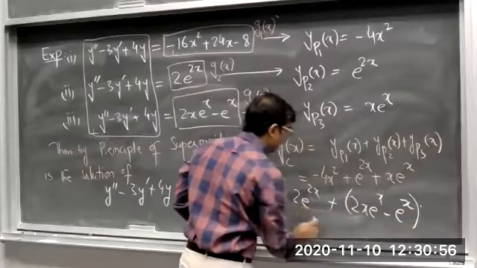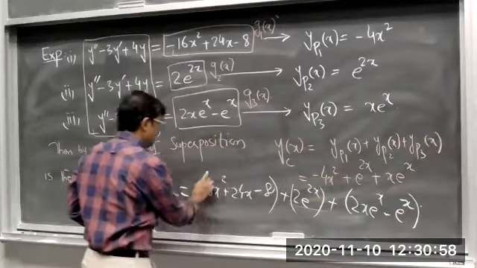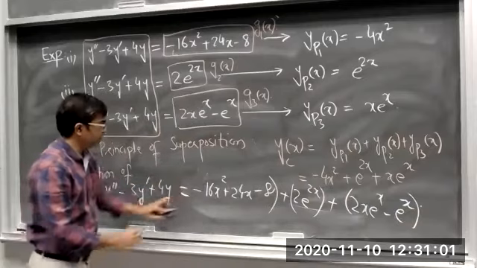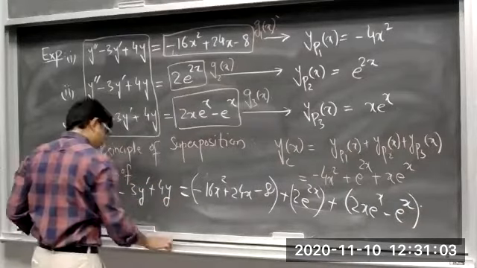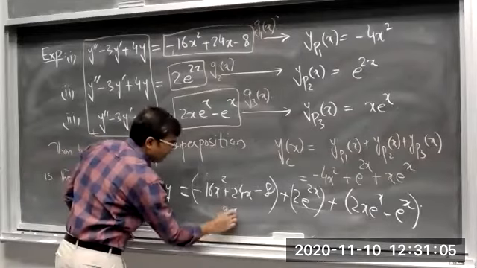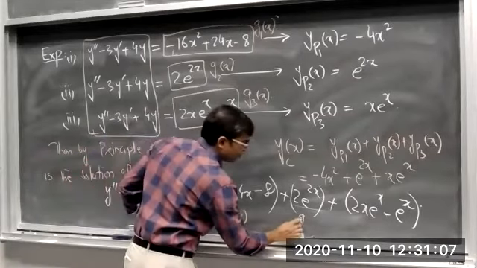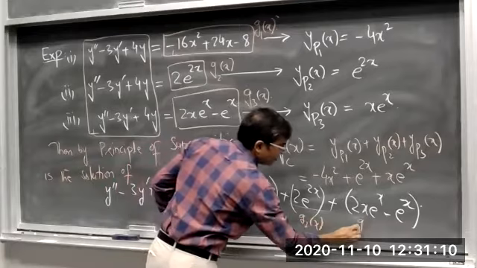So this is your G3, this is your G2, and this is your G1. So this is your G1 of x, this is your G2 of x, and this is your G3 of x.